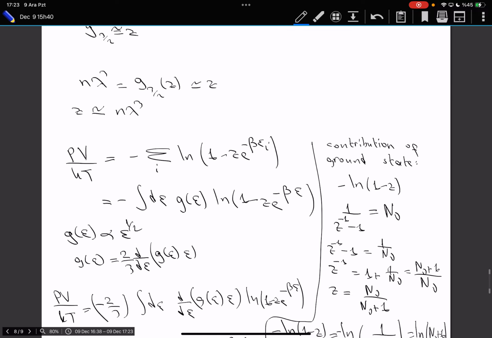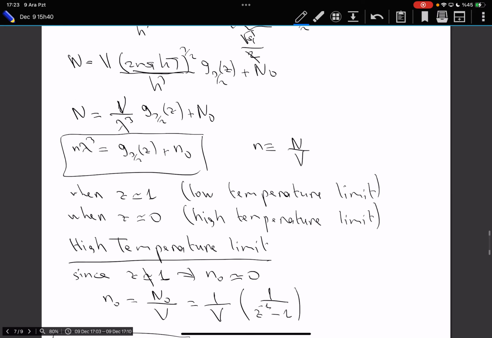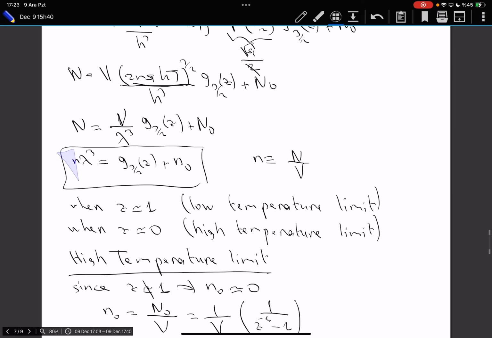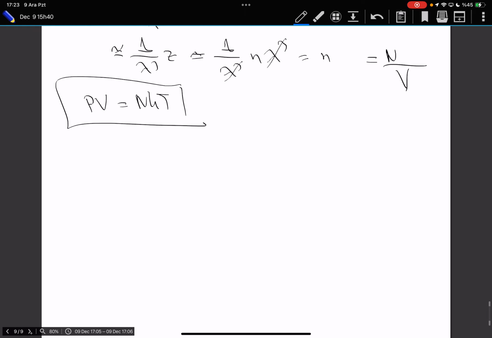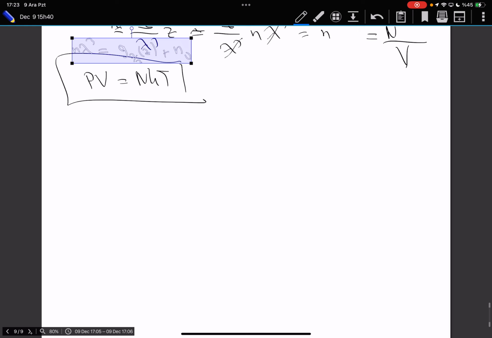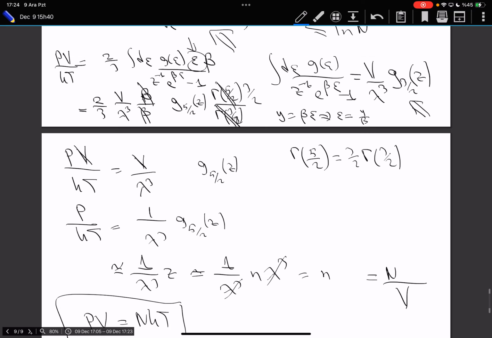Now, if I collect some of the results that we had derived, one is this one. This is true for any z, for any temperature. For this system, this has to be satisfied. Another equation we obtained is this one.